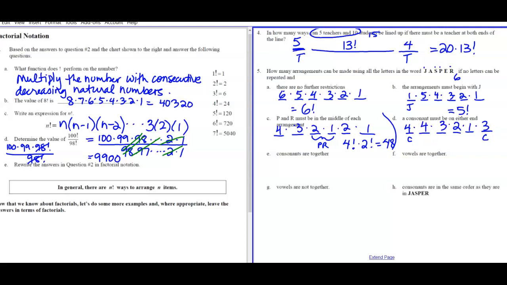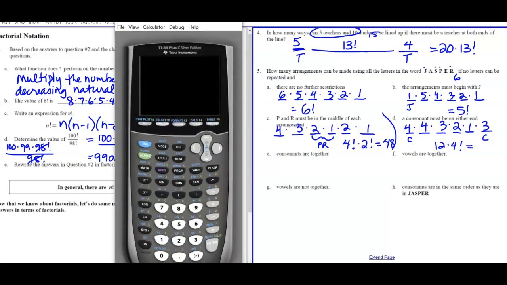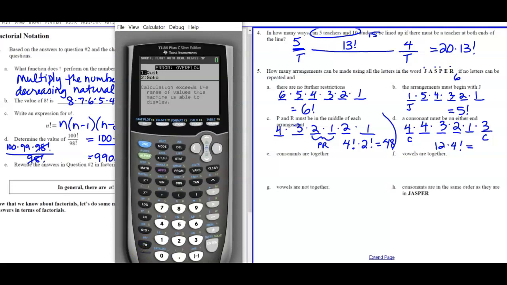Okay, so that's really 4 times 4 factorial times 3, so that's 12 times 4 factorial. Which is, you can find that, I guess, 24 times 12.